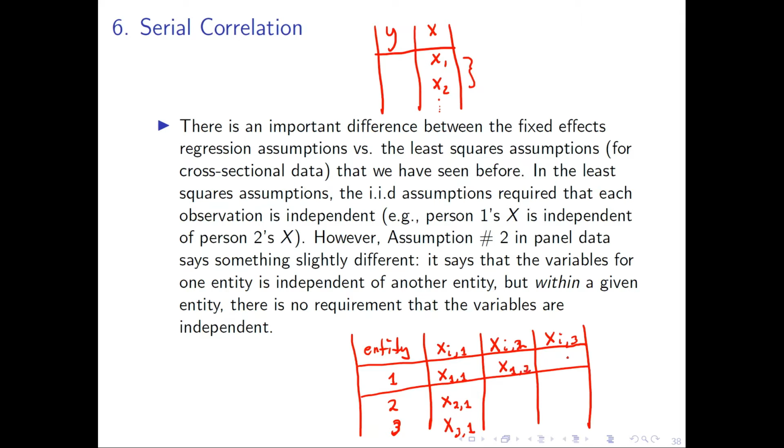But if you look at the within-entity data, for example, these 3 x variables, they are allowed to be dependent.